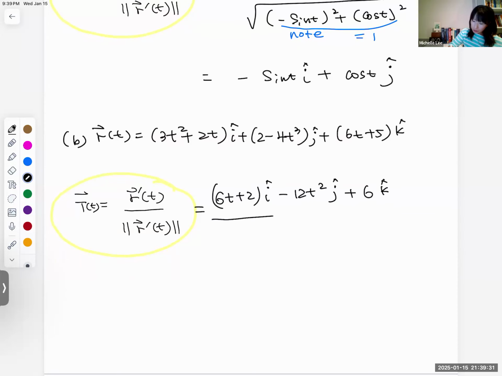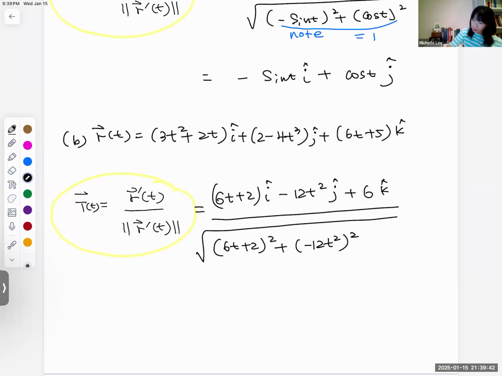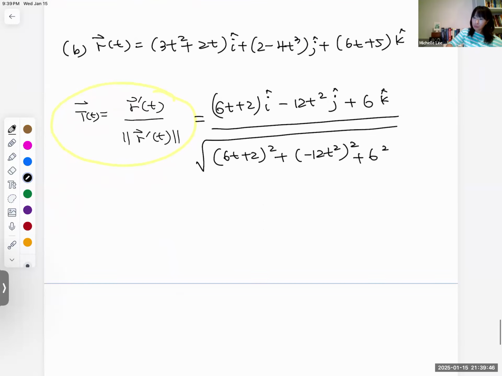Over the square root of 6t plus 2 squared plus negative 12t squared plus 6 squared, right? Note the squares.